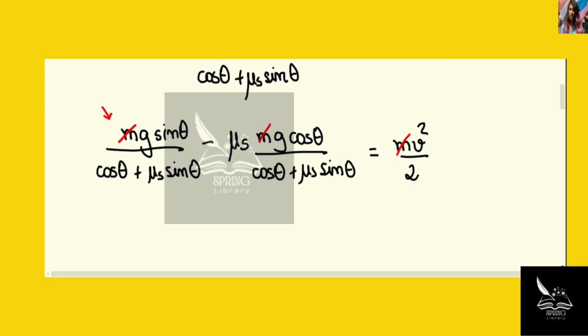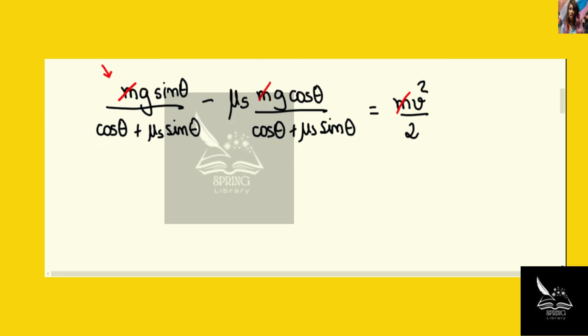So the m's cancel out, and we have, actually, this shouldn't be 2, this should be r.